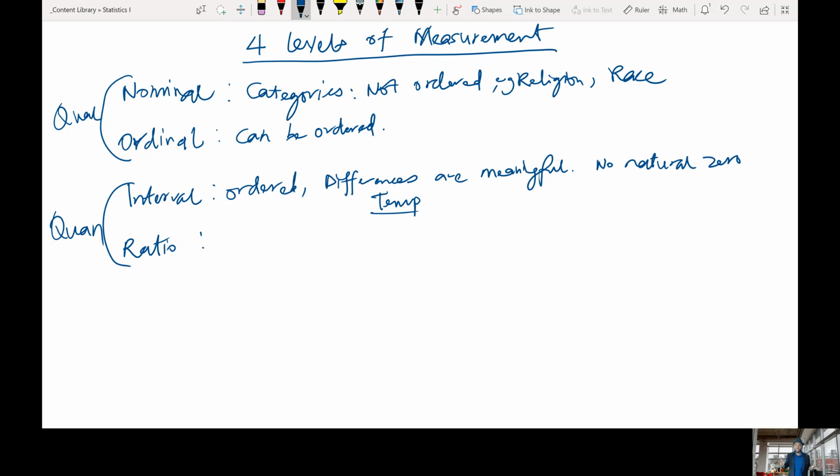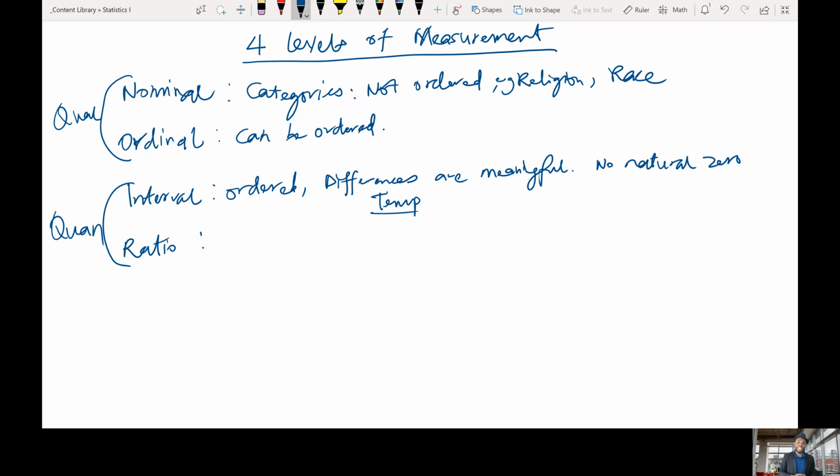It's not. So 0 Fahrenheit, you can feel that, okay, it's cold at that time, but it's not that the temperature doesn't exist. Okay, the temperature still exists. So that's what it means by no natural zero.